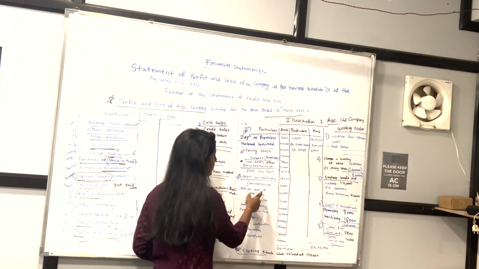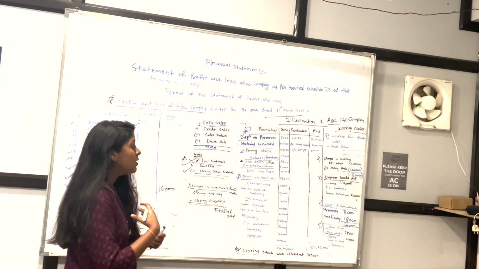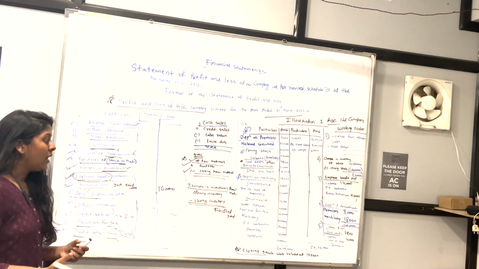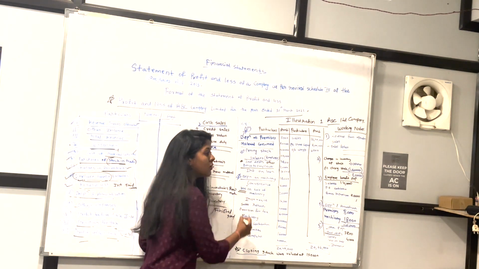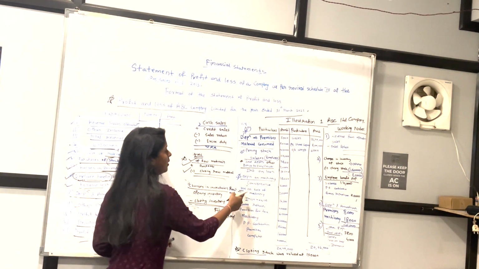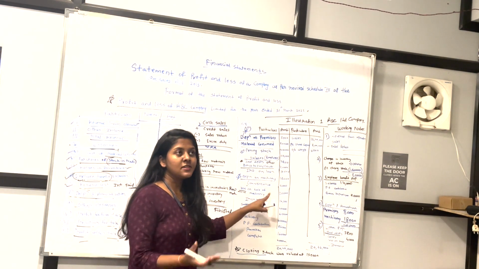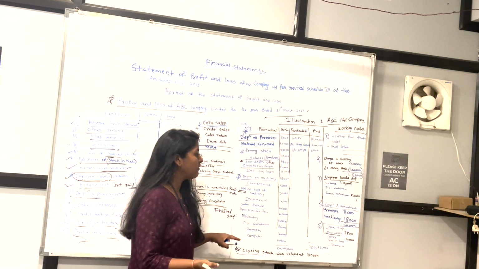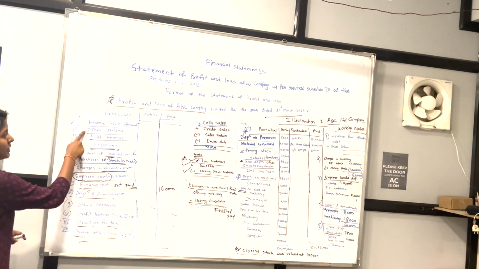Next is loss on sale of machinery. You have sold the machinery, and after selling the machinery, you got a loss. Since it is a loss, it's an expense for you. If it was a profit, then it would have come in other income.